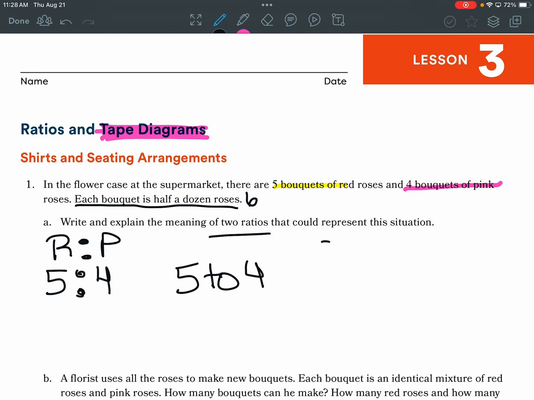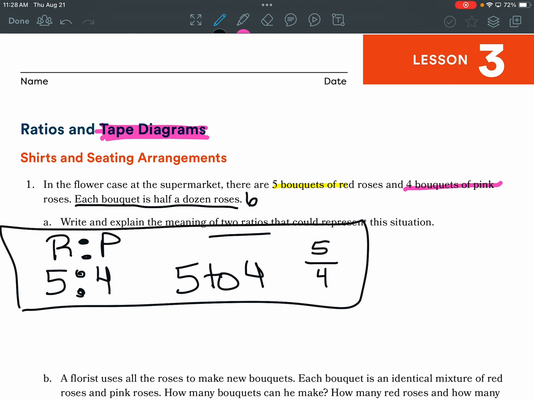Okay, that is also the same thing. This is one ratio. That is one way. Okay? That is not 2 ways. That is one way. Another ratio could be 4 to 5.